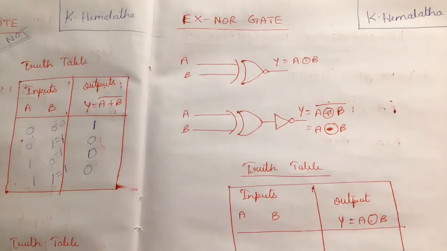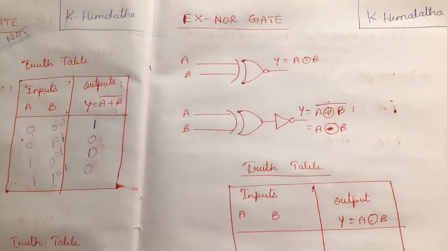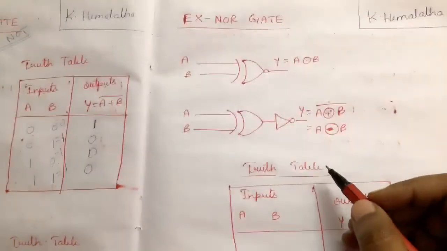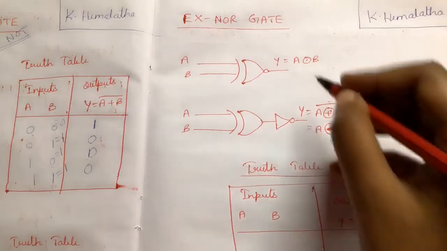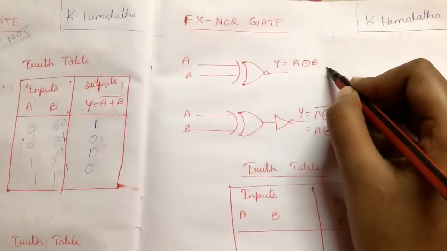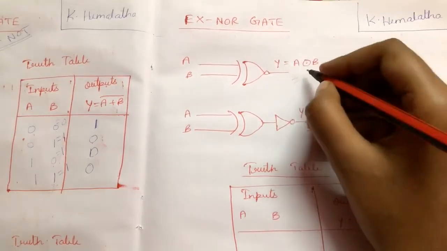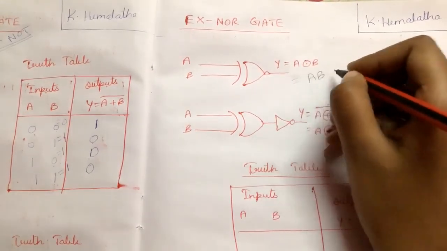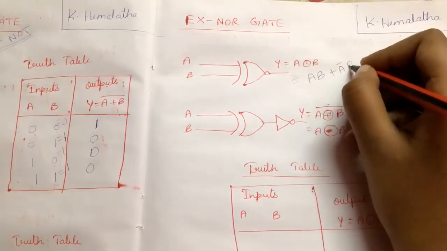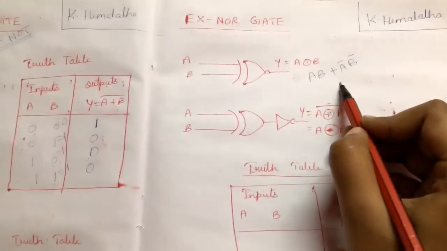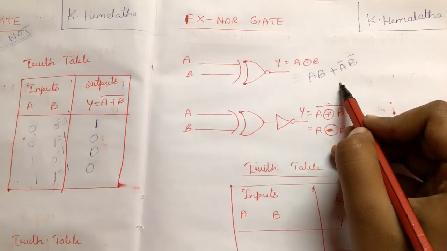In the XOR gate we saw that an odd number of ones gives output 1. So we will get the opposite of that here. So we write A XNOR B is equal to AB plus A bar B bar. This is how we will write the XNOR representation.